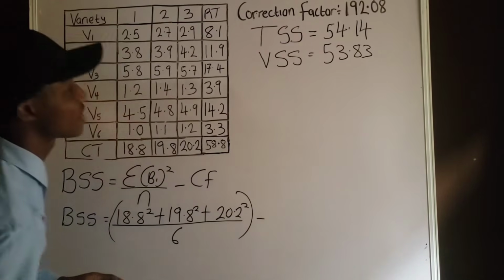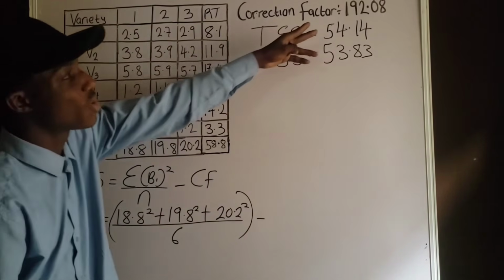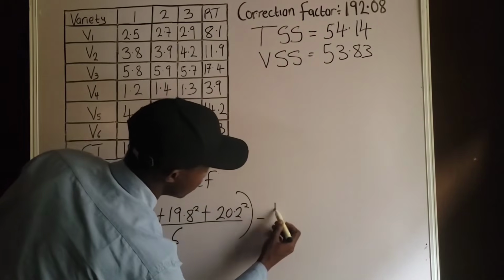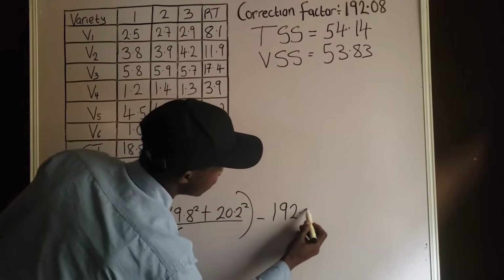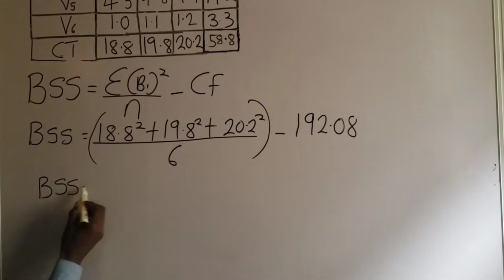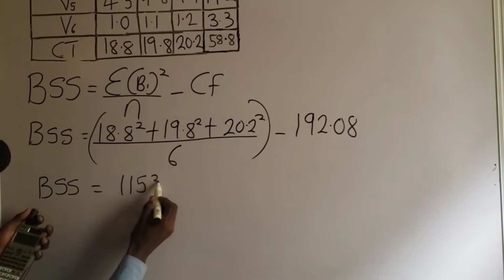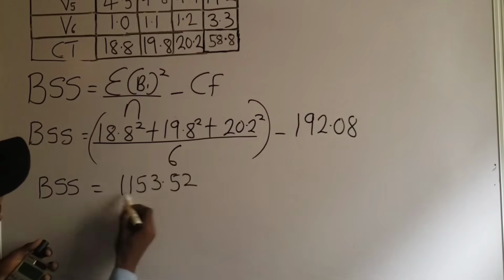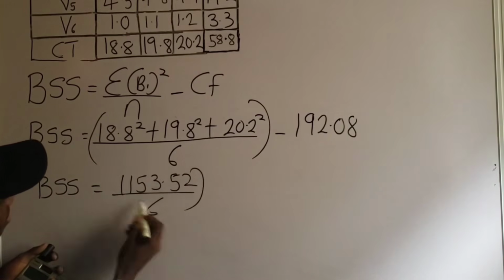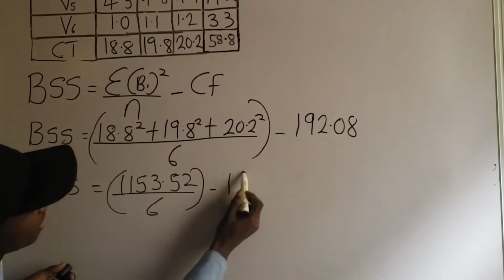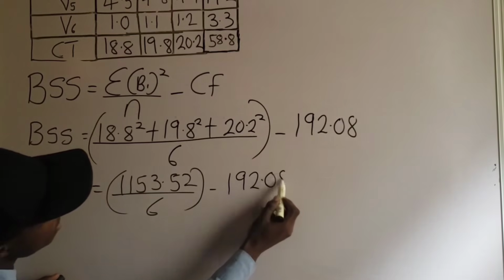Minus the correction factor. The correction factor is 192.08. The block sum of squared is equal to 1153.52 all over 6 minus 192.08.